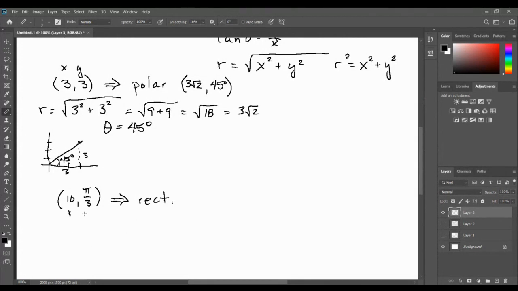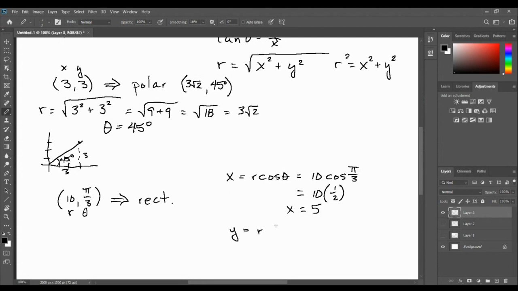So I've got r, I've got theta. We know that x equals r cosine theta. So that would be 10 times the cosine of pi thirds. Cosine of pi thirds from our unit circle, you probably already have that memorized, is 1/2. And 10 times 1/2 is 5. So that's our x-coordinate.